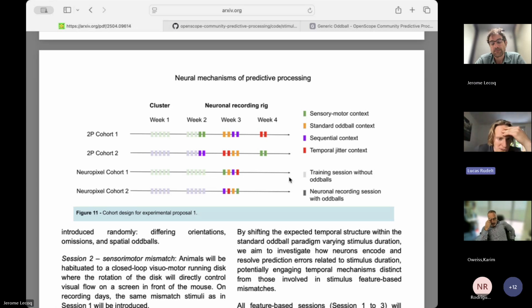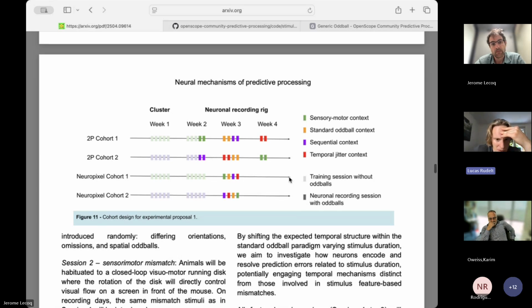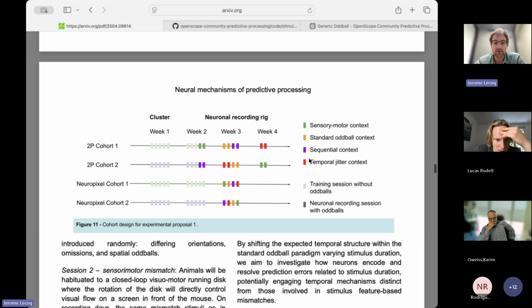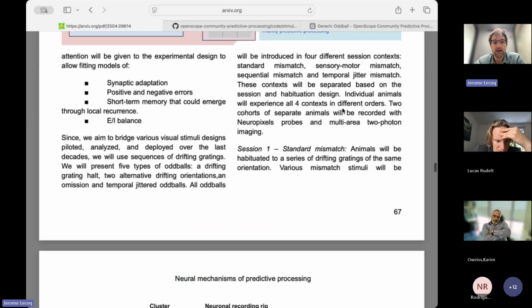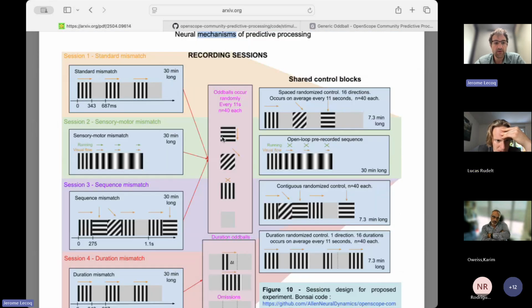But does each session have both the control and the context, or does the control come at a later point? So you see here, these are chronic recordings where we just record one context at a time, and that will be this block, and then at the end of the session we'll have all the control blocks in series.